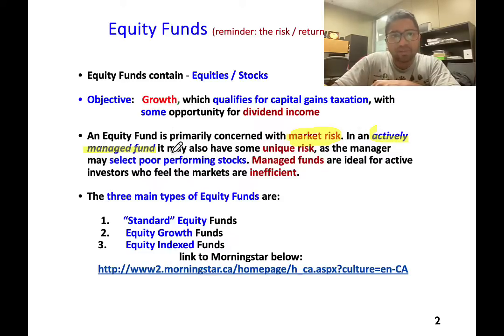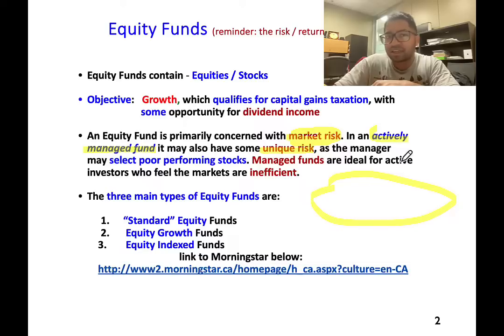In an actively managed mutual fund, they also have some unique risk. This is important to distinguish. Passively managed mutual funds do not have unique risk because most of the time they're well diversified. But in an actively managed mutual fund, the fund manager does stock selection, so they might not be diversified, and they might have unique risk, as a manager may select poorly performing stocks.